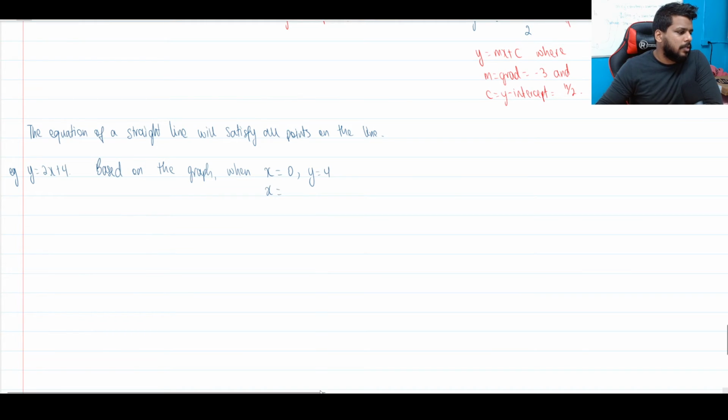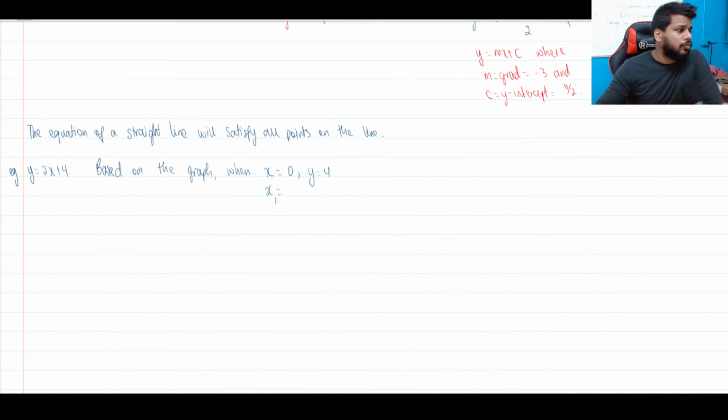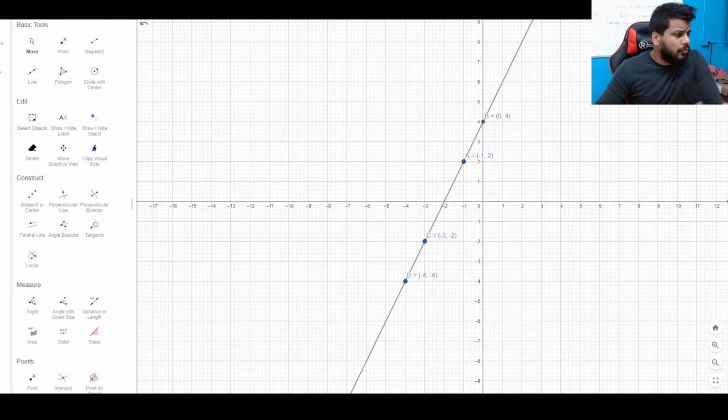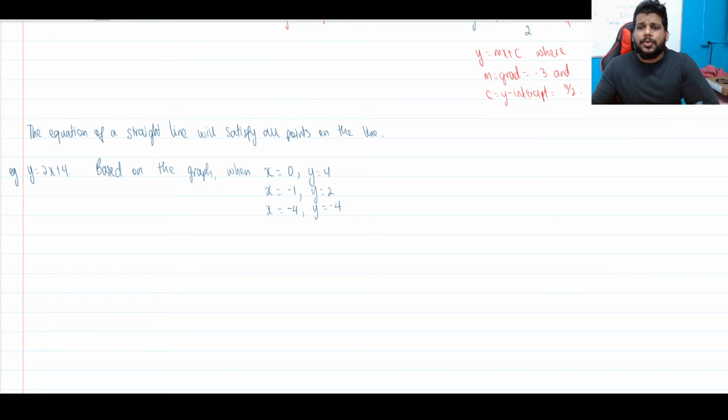When x was -1, y was equal to 2. When x was minus 4, y was equal to minus 4. I could have taken any points, right? Any points at all. But this is based on the graph.